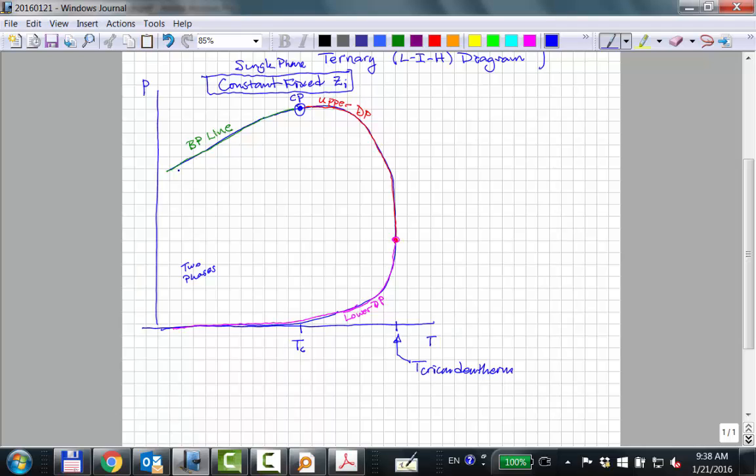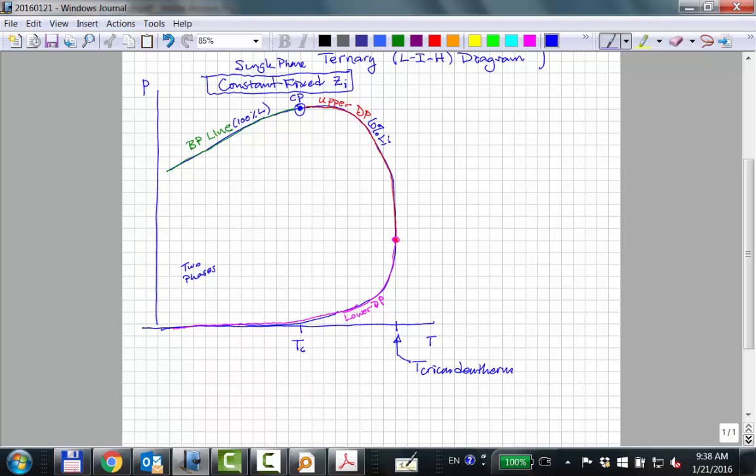Along this bubble point line, we have 100% liquid. For the dew point, we have epsilon, or I'm going to call it 0% liquid. And inside, it's got two phases.